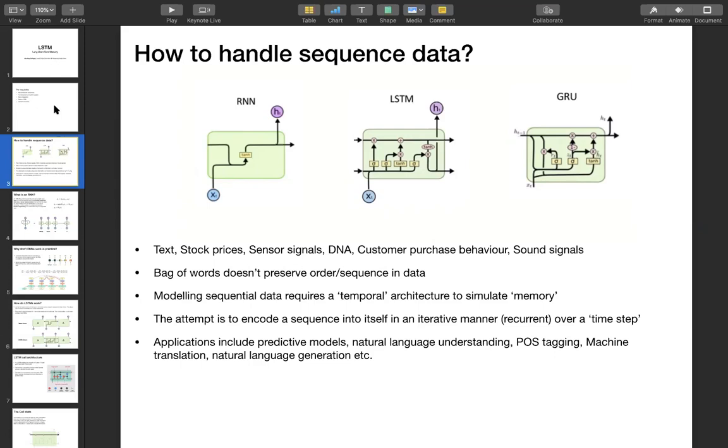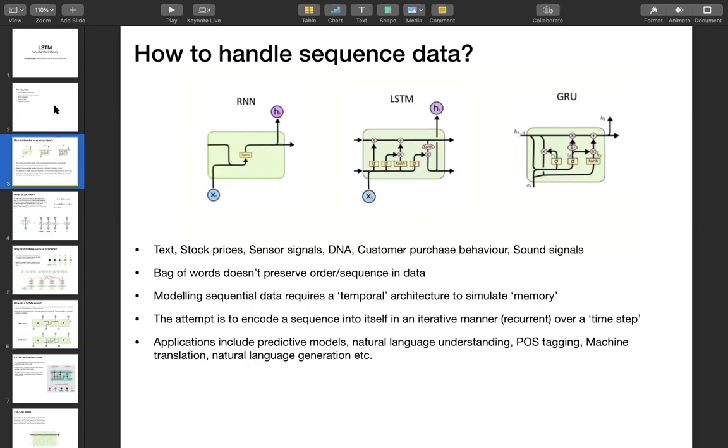However, context also requires some amount of information around sequence. So essentially, people realized that for modeling sequential data, you need some sort of temporal architecture, a time-based architecture in neural networks. This architecture is usually to simulate some form of memory.